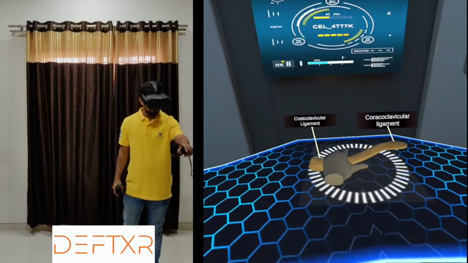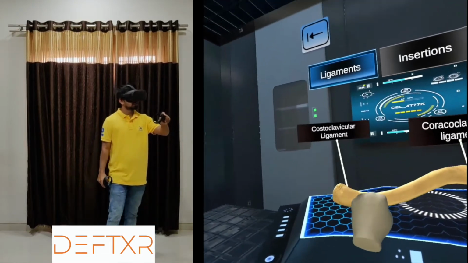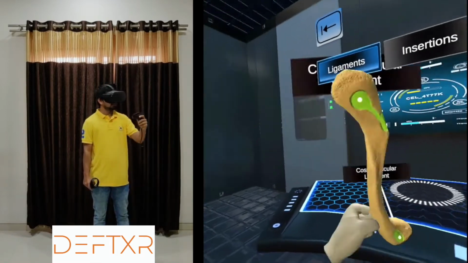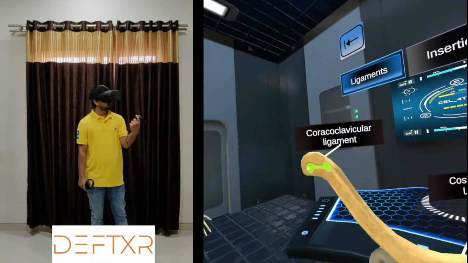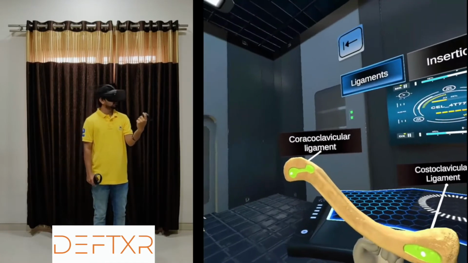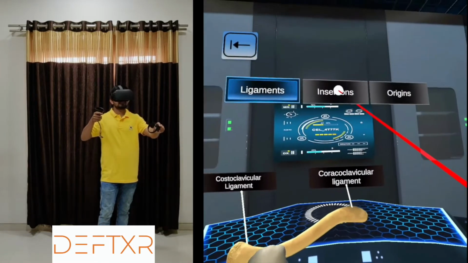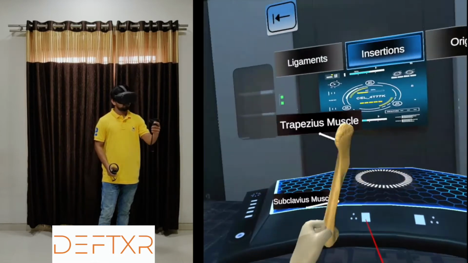You can use both of your hands to interact with different parts of the body. In this case, the user has picked up a clavicle bone, and you can see various parts like ligaments, muscle insertions, and muscle origins on the bone itself.